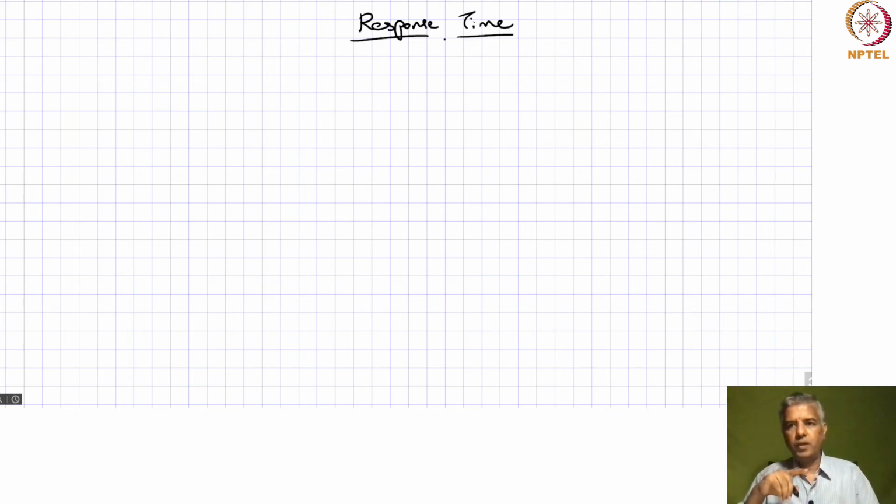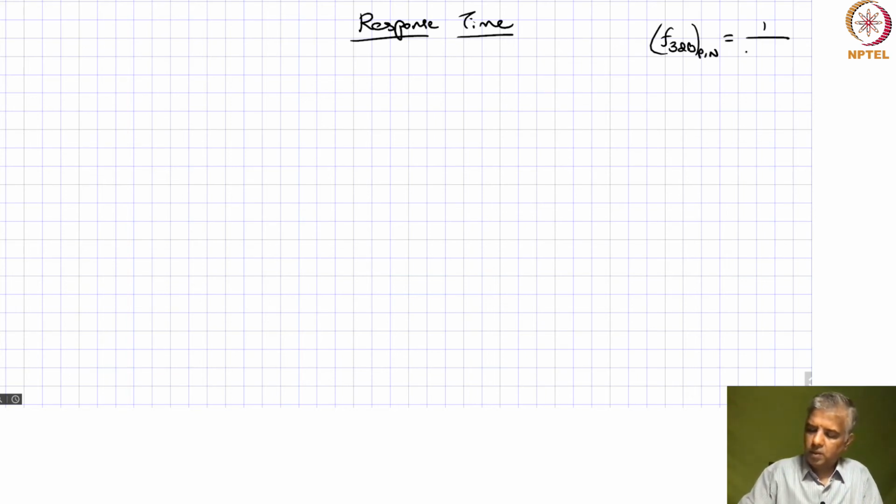In a PIN photodiode, we said the response time is limited by the transit time of the carriers within this PIN structure, right. So we said F3dB in that case is equal to, let's just write it down, F3dB for a PIN. We said it could be 1 over 2 pi tau_TR, okay, where tau_TR corresponds to the transit time of the carriers.